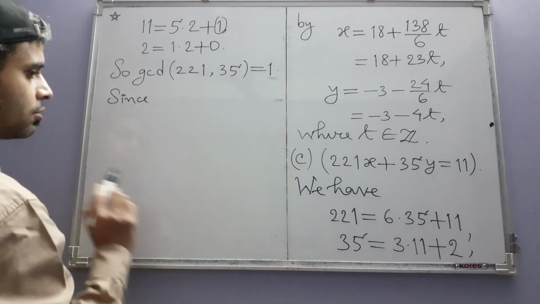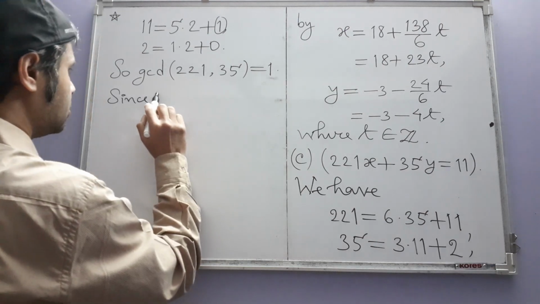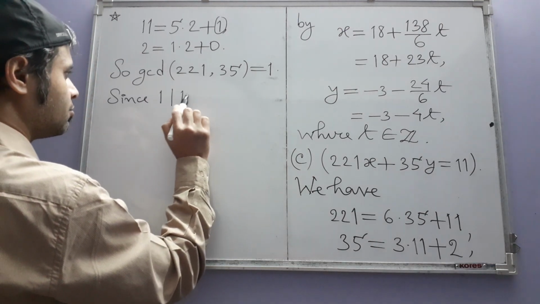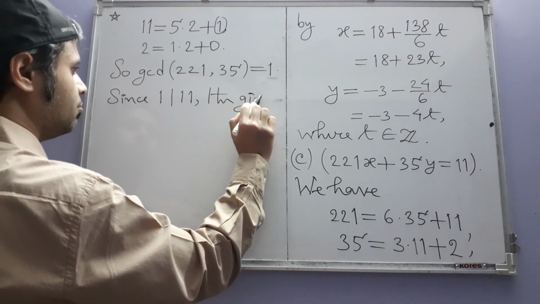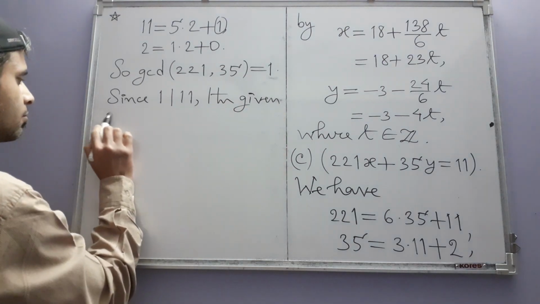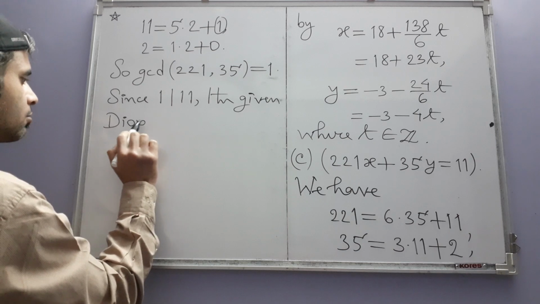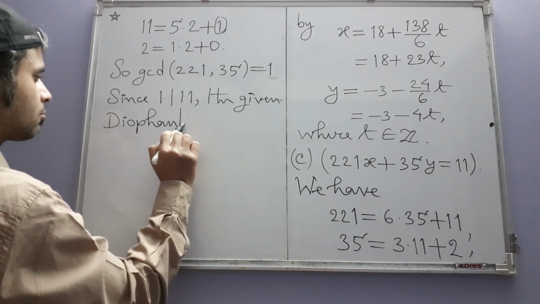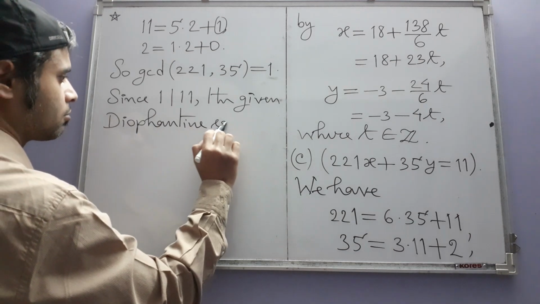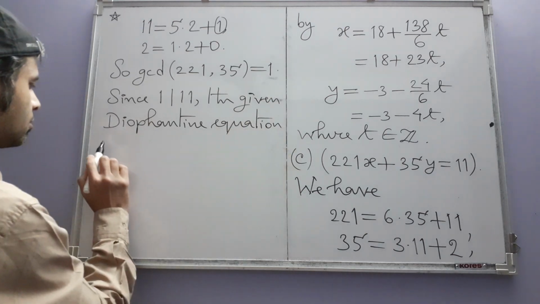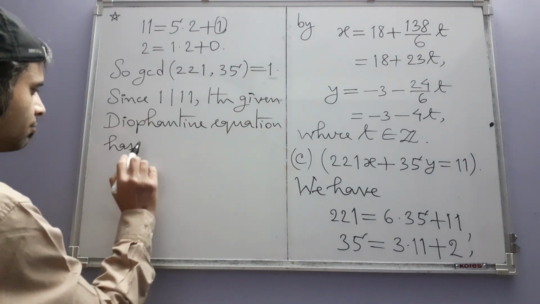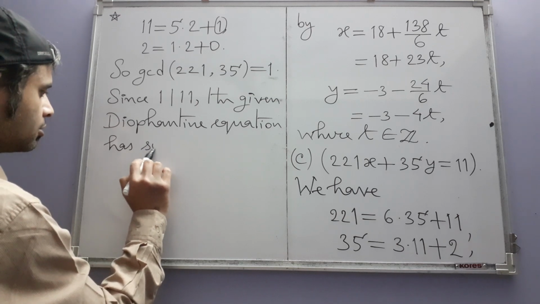Since 1 of course divides everything, 1 divides 11, the given Diophantine equation is solvable or has solutions.